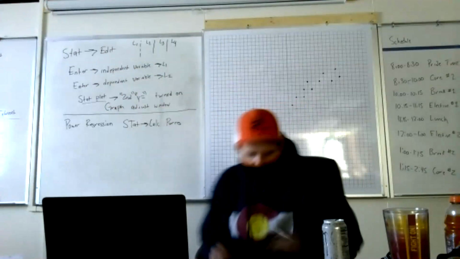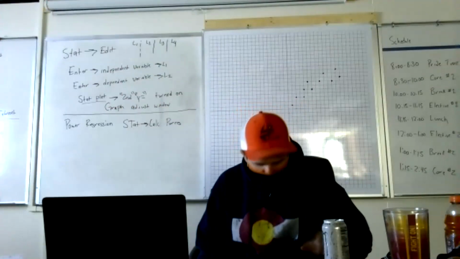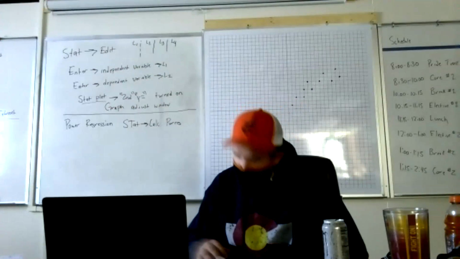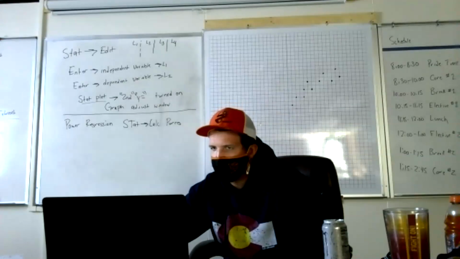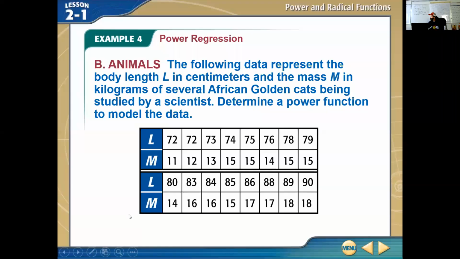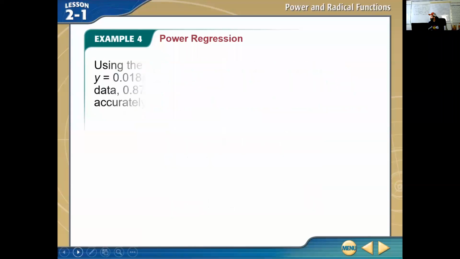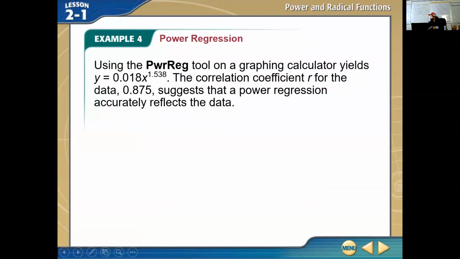Okay, what that'll give to you is an equation. It'll actually give you the equation, but the way that it presents it to you is a little different. Okay, the Power Reg tool, that's the way that it's expressed on the TI-83.